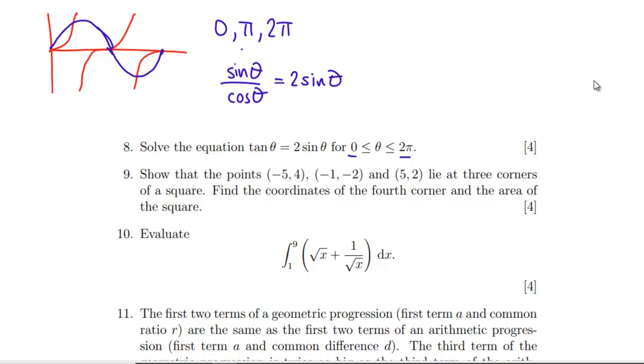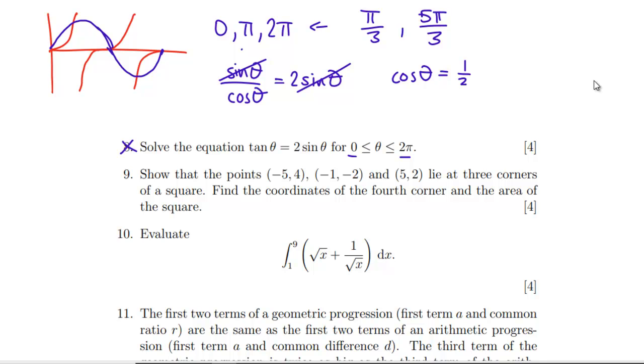Now, we haven't jumped straight to that, because if you divide just through by the sine thetas, then you're losing these solutions, because you're losing the sine theta equals 0 solutions. Then we flip these around, we've got cos theta equals a half. So we're going to end up having pi by 3, and then 2 pi minus pi by 3. So we've got pi divided by 3 and 5 pi divided by 3. So 5 solutions all in all.